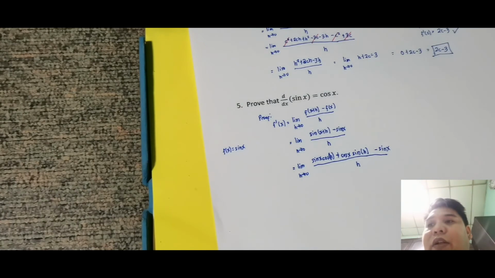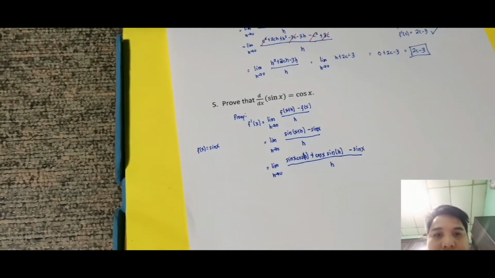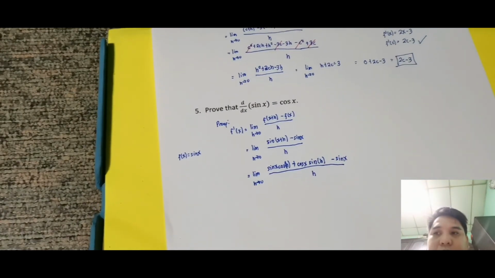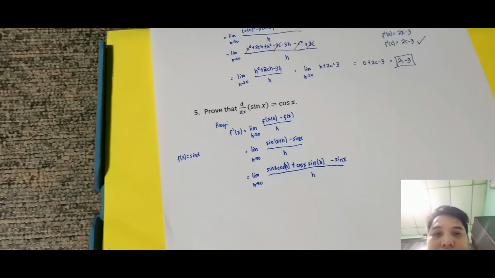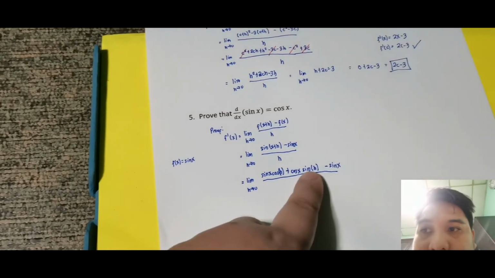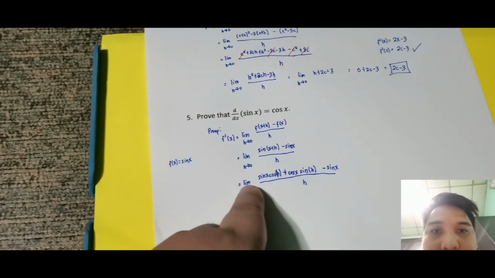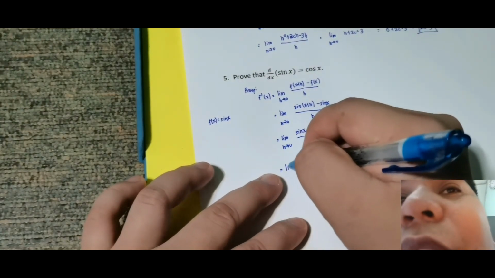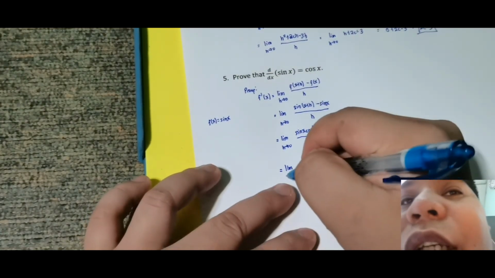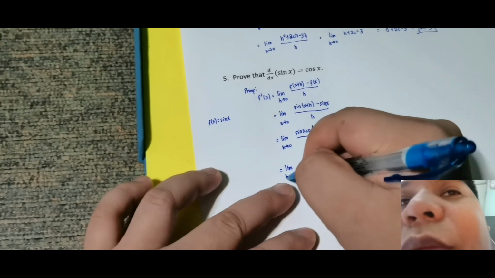Okay, so ang gagawin ni sir is paghihiwalayin ko yan, i-regroup ko. So ang gagawin ko, pagsasamahin ko yung sin x cosine of h at saka yung minus sin x over h. So again, ulitin ko lang ha. Paghihiwalayin ko yan, kumbaga i-defractionalize ko siya, paghahatiin ko siya.